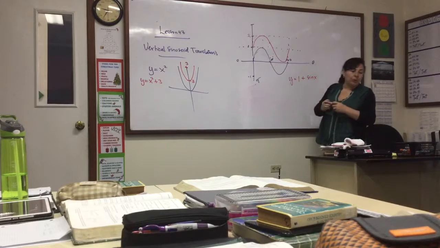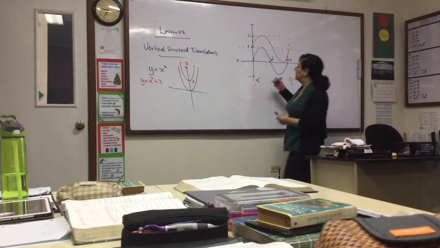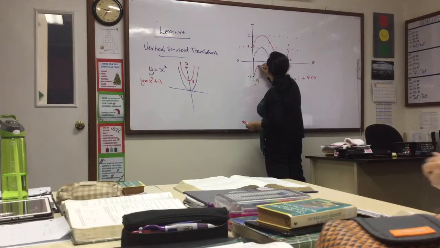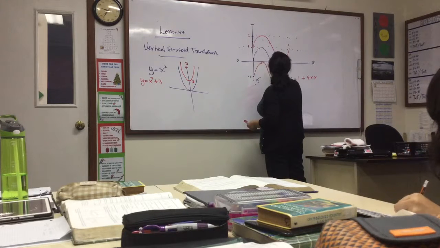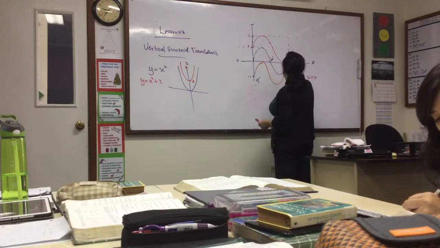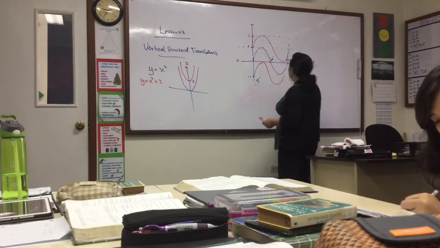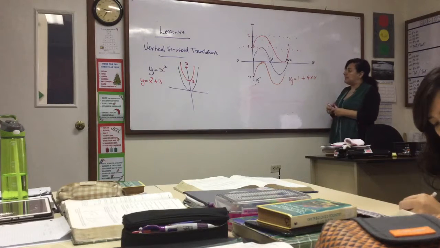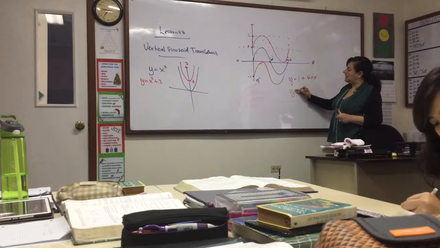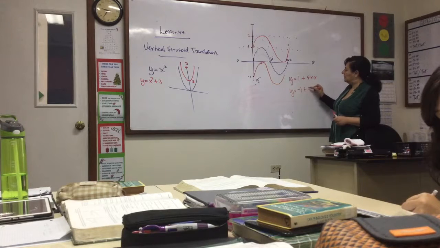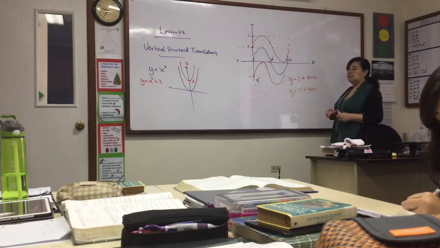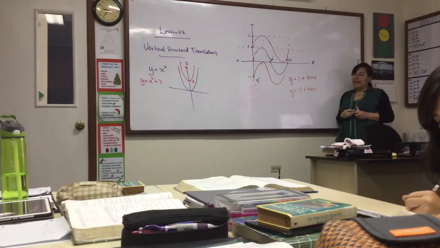And if I were to go down and start down here, like this, then it would be minus. And then it would look like this. Do you see the difference? Yes.